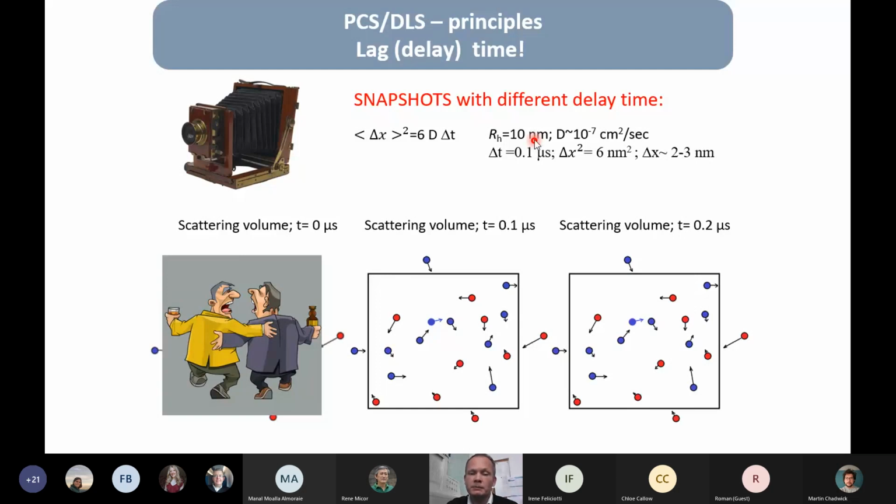Well, I can provide here some calculations based on the diffusion coefficient, because the Brownian motion is governed by the diffusion coefficient.